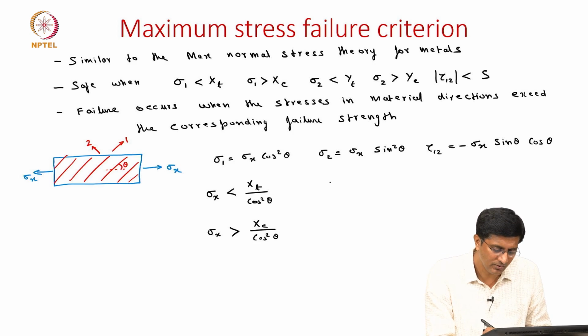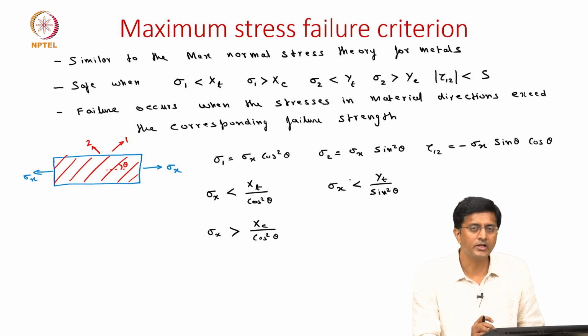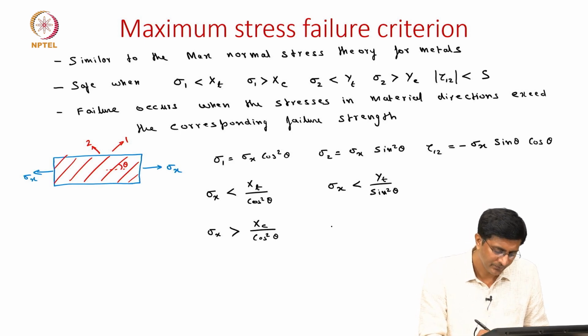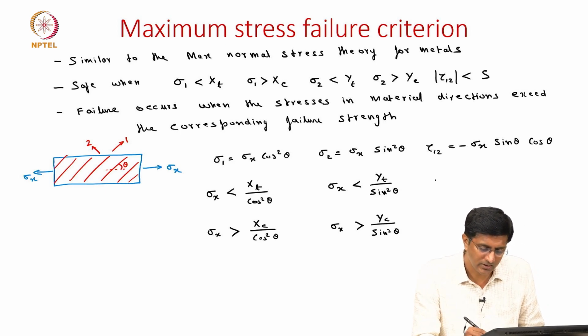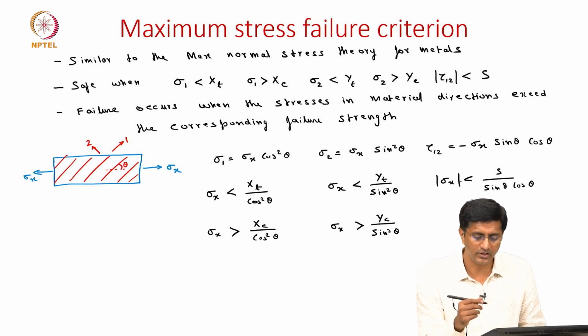Similarly, for the second equation, sigma x should be less than Yt by sine square theta, because again we are looking at the limiting conditions where it fails, and there we replace sigma 2 with Yt. For stresses in compression, sigma x should be greater than Yc by sine square theta. And lastly, sigma x should be less than S by sine theta cos theta. Here we only look at the mod value, so we can ignore the negative sign.